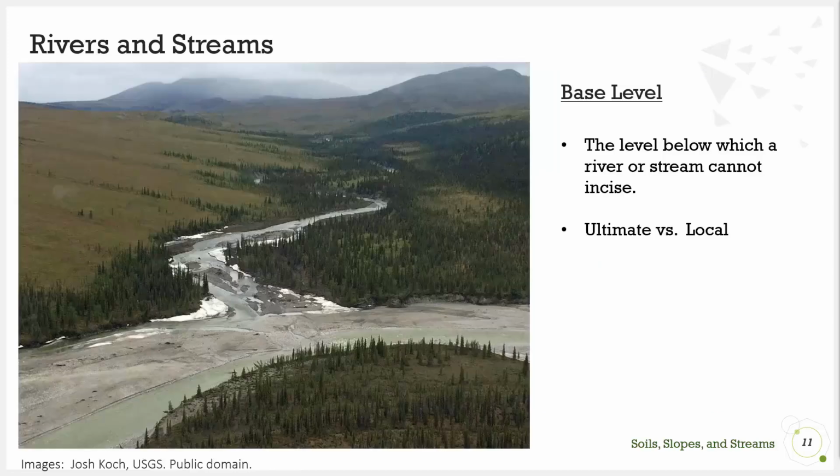The base level is the level below which a river or stream cannot incise. Every stream and each point on a river has its own base level, and it's set by what is downstream, because streams flow downstream. For example, this point on a river cannot erode or incise beneath its downstream point, and this tributary cannot incise below the larger order river that it's entering.